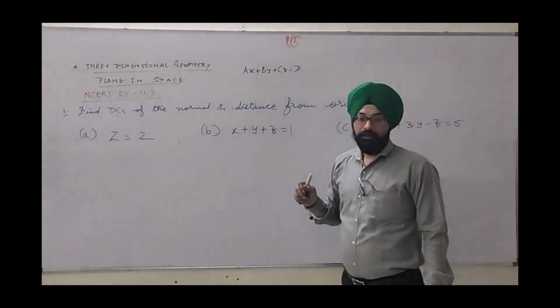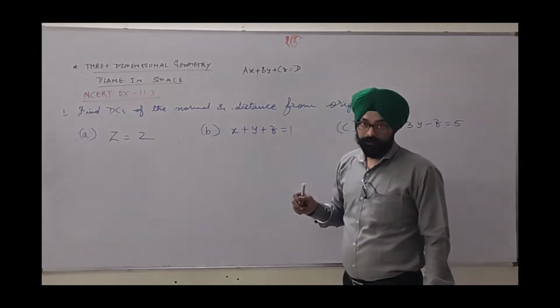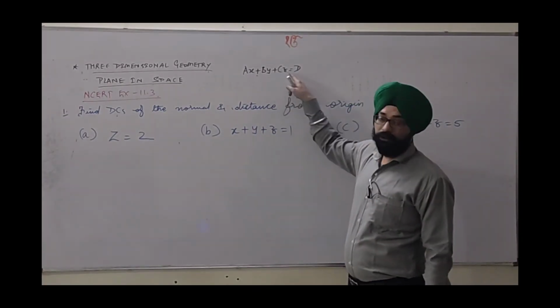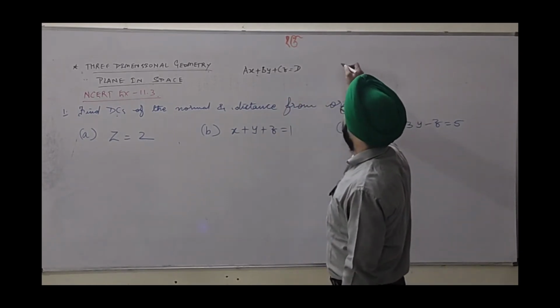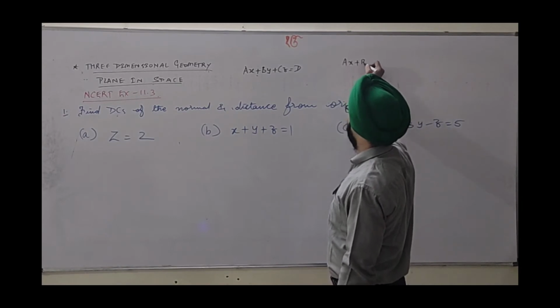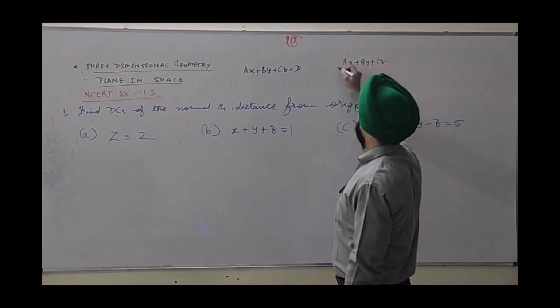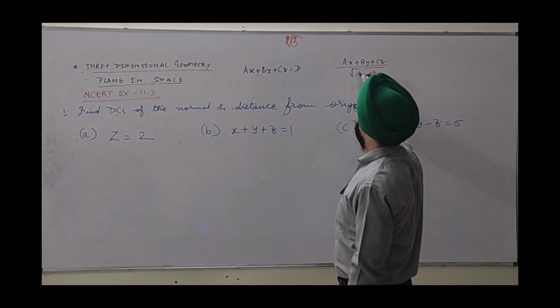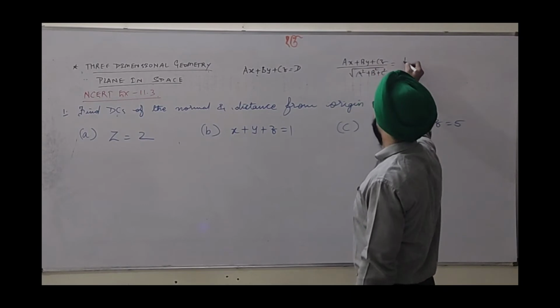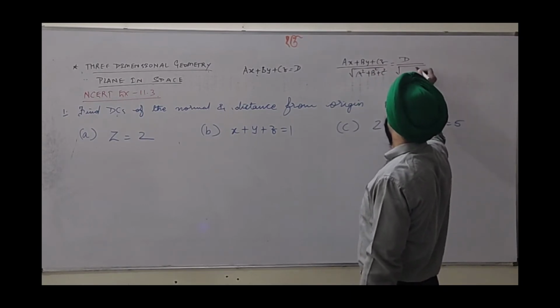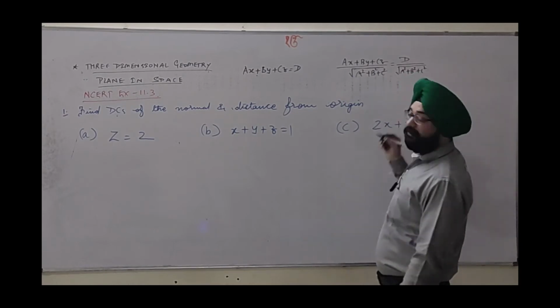Suppose the question is asking for the direction cosines. Then divide both sides by the magnitude of this vector. That means we divide each term by the magnitude: ax plus by plus cz divided by under root a square plus b square plus c square. Right hand side also, d divided by under root a square plus b square plus c square.